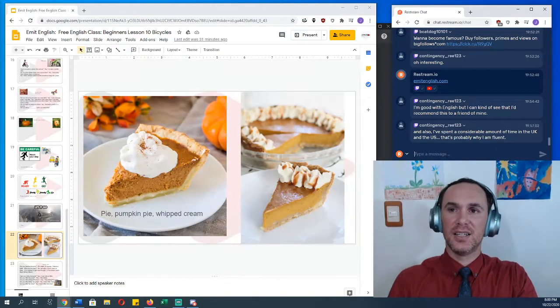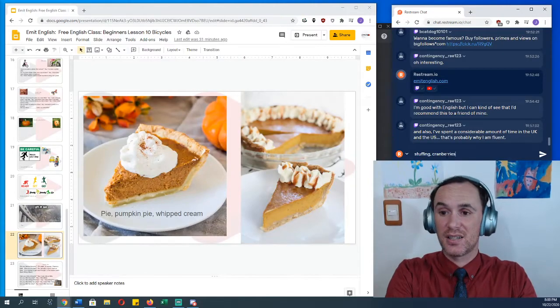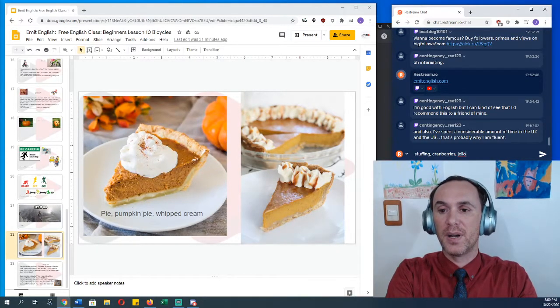And then another thing, there's often stuffing, and we do a lot of cranberries and jellos. Jello is something that happens a lot for Thanksgiving. But really, it's a holiday that is about food.